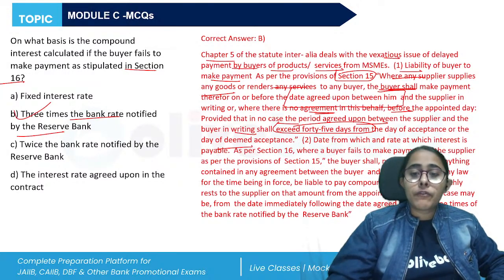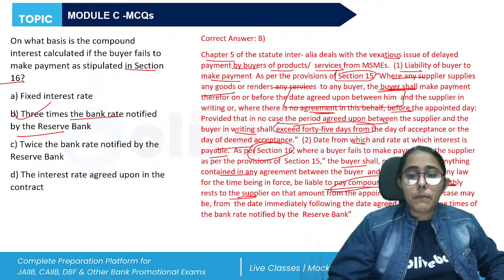Then the date from which and the rate at which the interest is payable is given under section 16. So the buyer shall, notwithstanding anything contained in the agreement, be liable to pay compound interest with monthly rests to the supplier on the amount from the appointed day, and this will be 3 times the bank rate that is notified by the Reserve Bank.